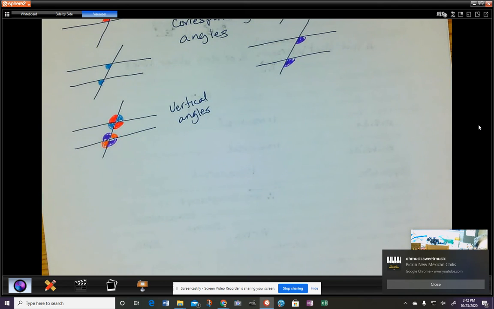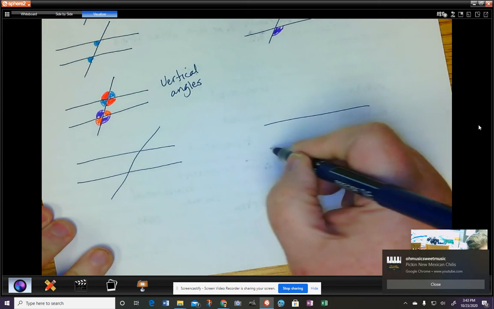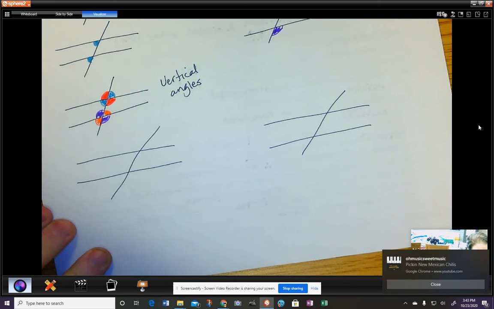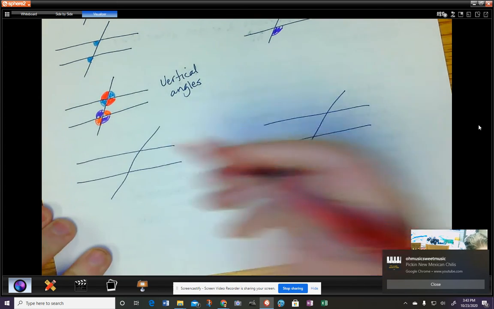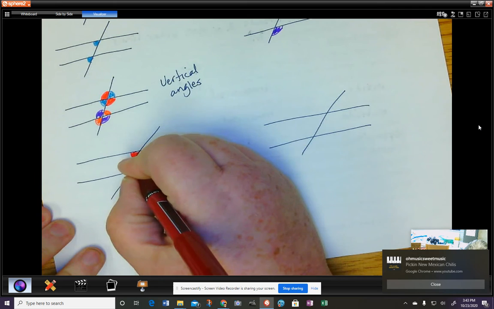And one thing that's left off of this page are the same side interior and same side exterior. And alternate interior, no, we got those. Okay, so draw another pair of these. And mark this one, and this one.